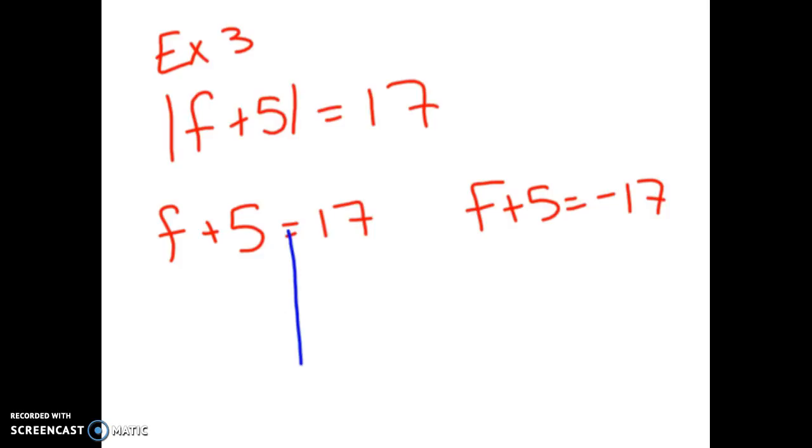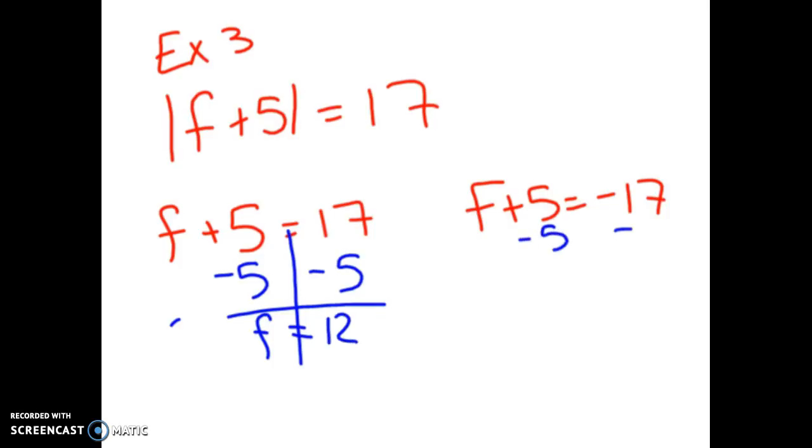Okay, solve it. Subtract 5 from both sides, we get f is equal to 12. And then subtract 5 from both sides, we get f is equal to -22.